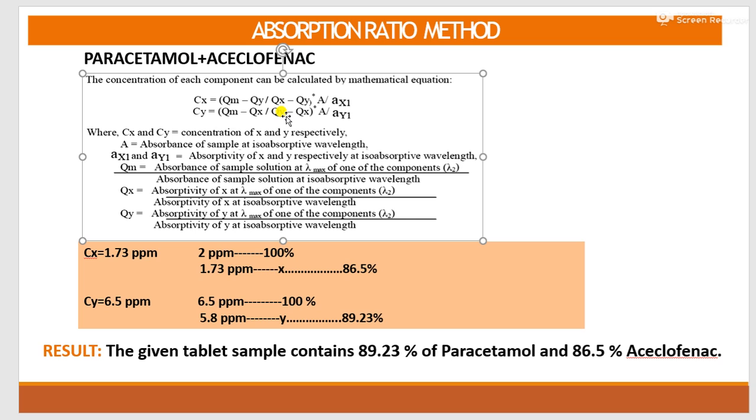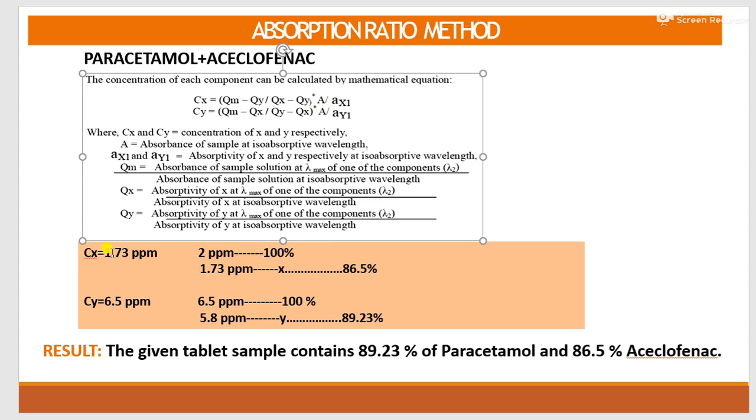But again, the concentration you get from the equation will be in gram per 100 ml, because at the time of calculation of absorptivity, the concentration was expressed in gram per 100 ml. So you have to convert the concentration from gram per 100 ml to ppm.